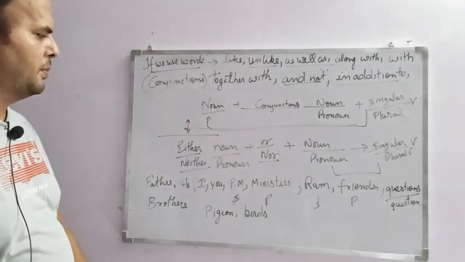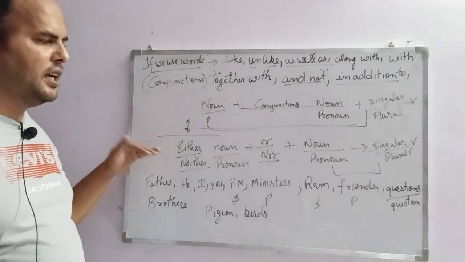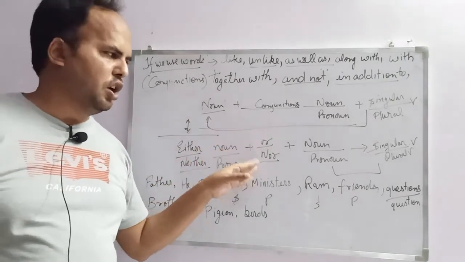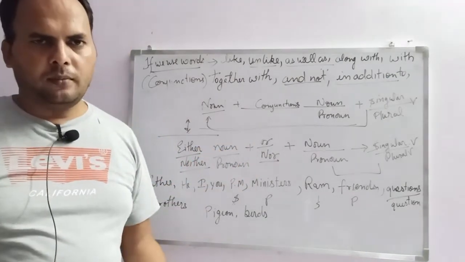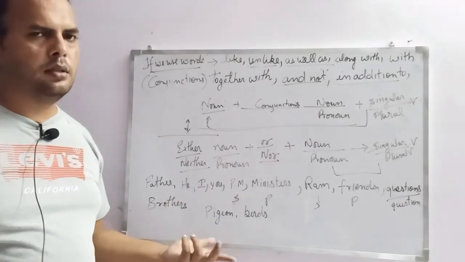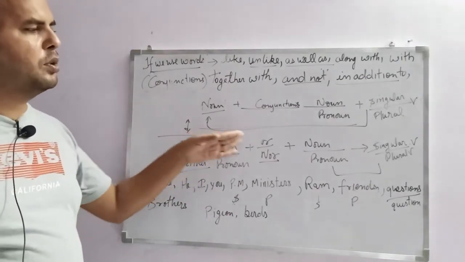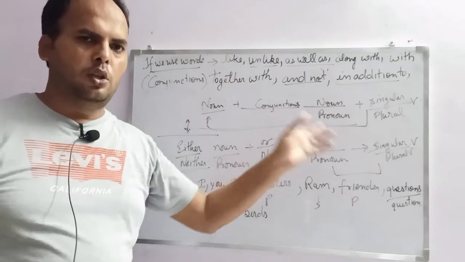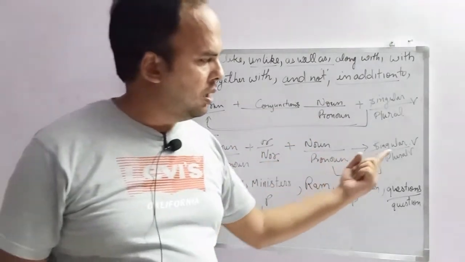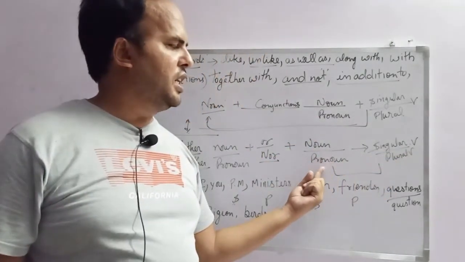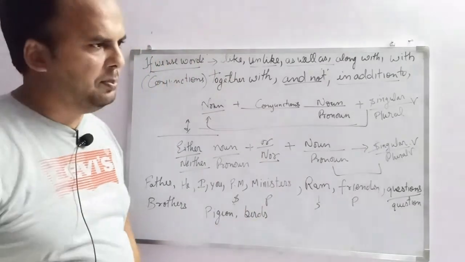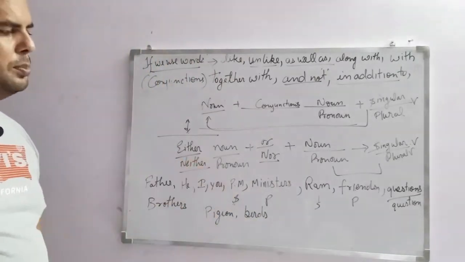Now, before going to take examples, I want to clarify something, because it sounds similar. If we are using either and neither, with or and nor, or not only, with some subjects where noun or pronoun are different, then we are using the verb according to the nearest subject. Like an example, I have taken some noun and pronoun here.